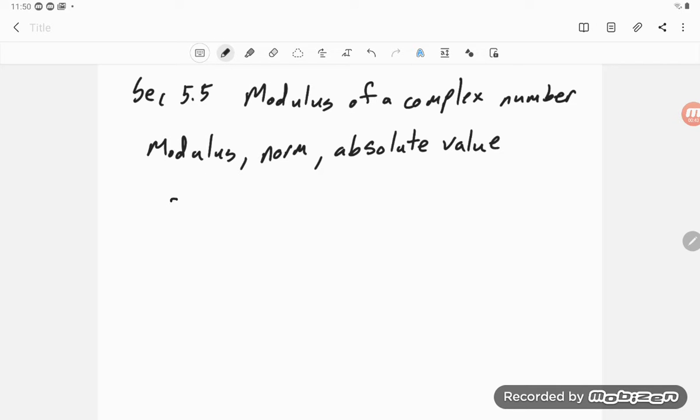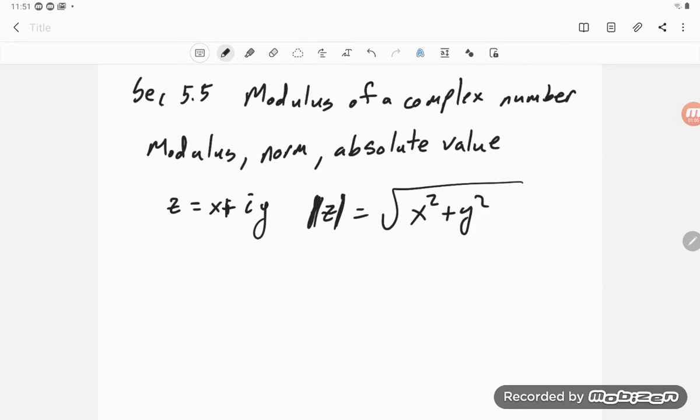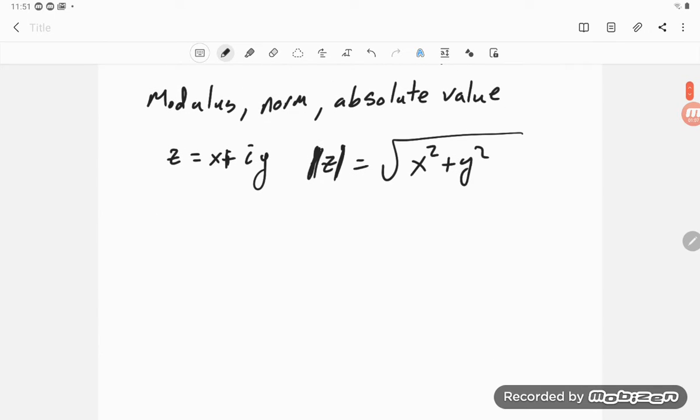if we have z equal x plus iy, then the modulus or norm of z, or absolute value of z, using lines like that, is the square root of x squared plus y squared. So now this is really starting to look a lot like vectors and so forth, right? And again, we had the geometry thing.